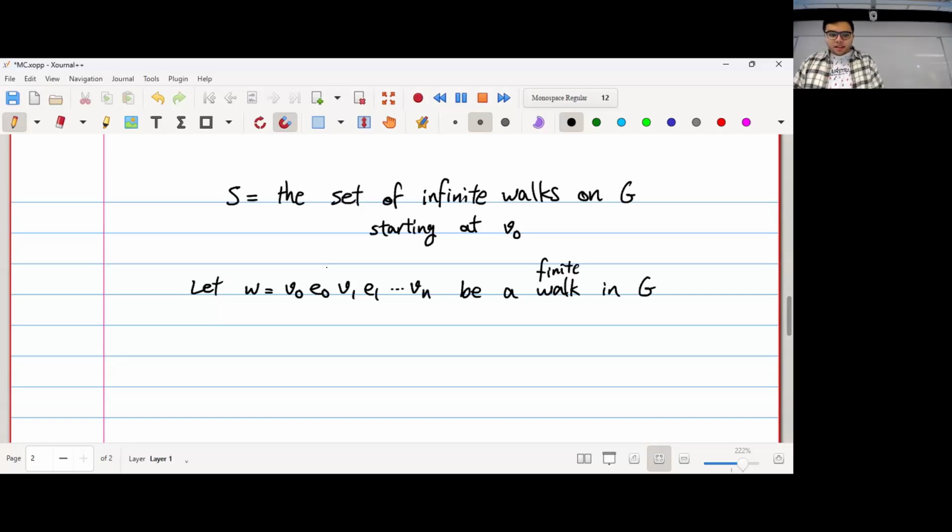I'm going to define the set of all infinite walks that extend W. Let's call that the extension of W. So I say the extension of W is just the set of all infinite walks, let's call them W bar since they're infinite. So they're in V omega, this is how we write the set of infinite sequences on V, such that W bar is an infinite walk in G.